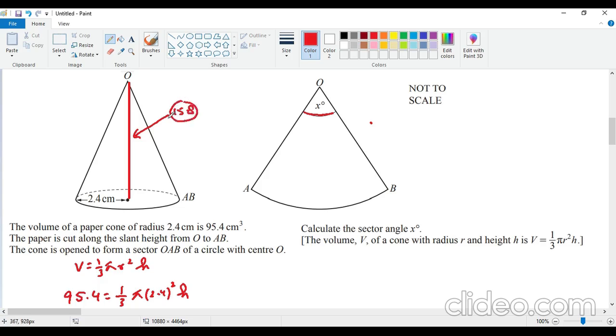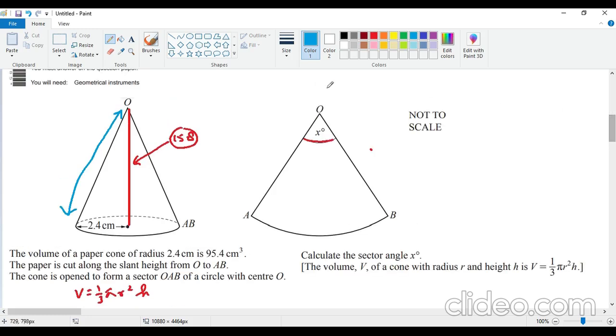Great. Now we need to find out this length, from here to here. So what will we use? We'll use Pythagoras theorem. Consider this as a right angle triangle, something like this.